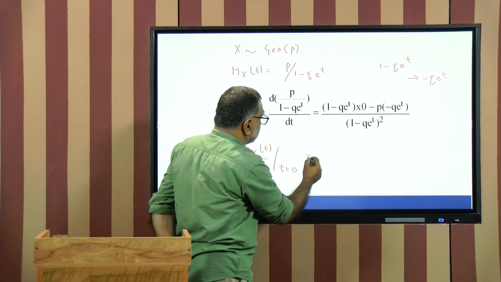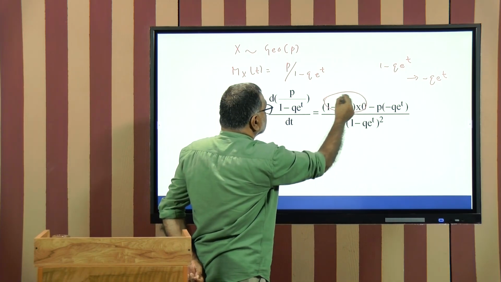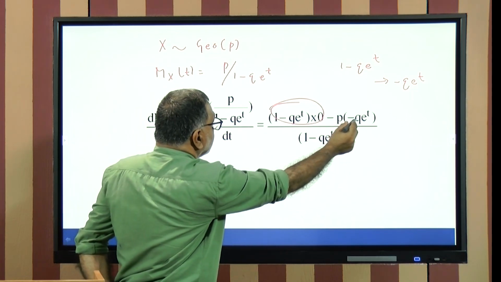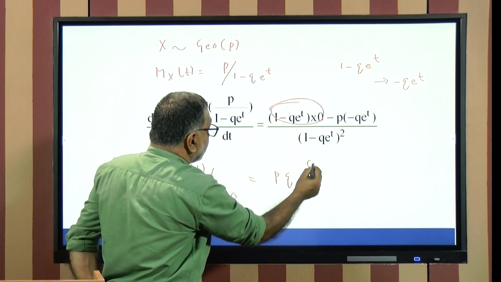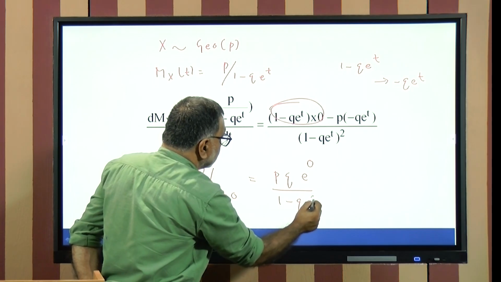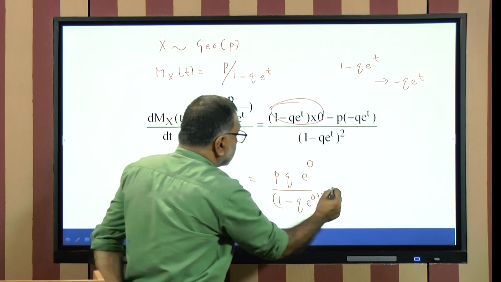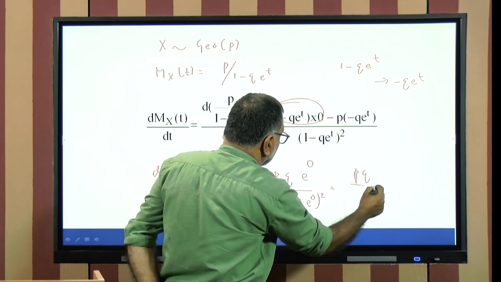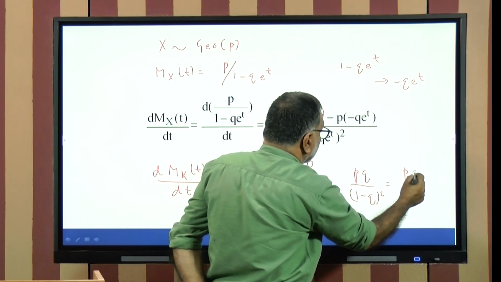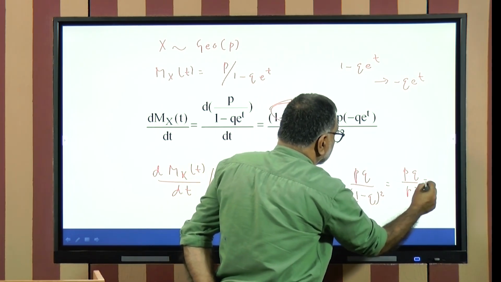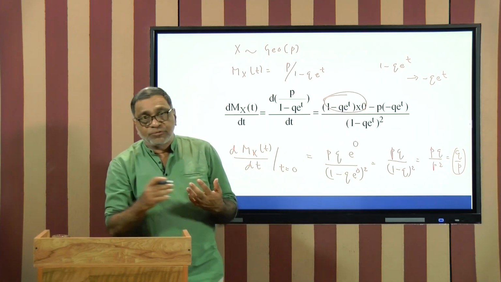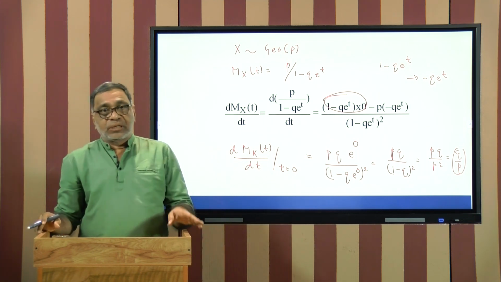The first factor becomes 0, so we get p q, minus q e power t is e power 0, divided by 1 minus q e power 0 the whole square, that is p q divided by 1 minus q the whole square, that is p q divided by p square, that is q divided by p. So, we have already obtained the value of the mean by the usual technique.